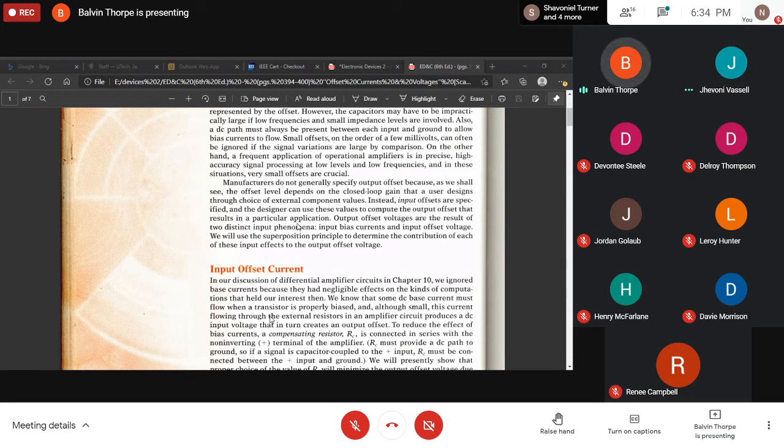So what a manufacturer will do instead, it says here, instead, the input offsets are specified and the designer can use these values to compute the output offset that results in a particular application. Is that clear? Yes, sir. Good. So in other words, the manufacturer says, okay, I don't know what kind of application you're going to use this for, but these are the input offset conditions.